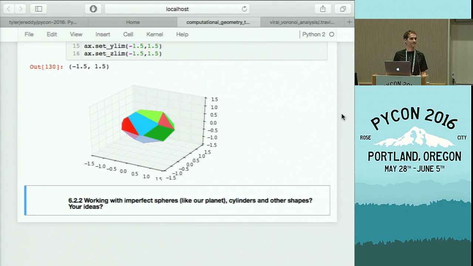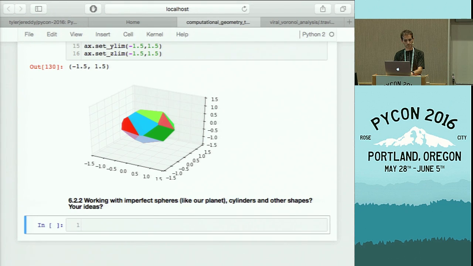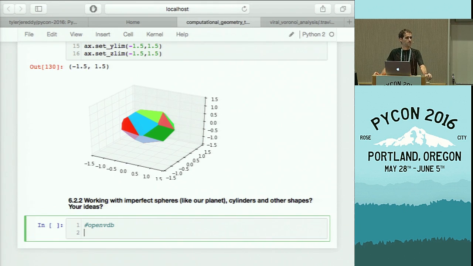Questions? Yes. The library I was thinking of is a C++ library called OpenVDB, which, if you have a collection of points, creates voxels around those points. It's used in computer graphics, for finding clouds of points that are close to other points.